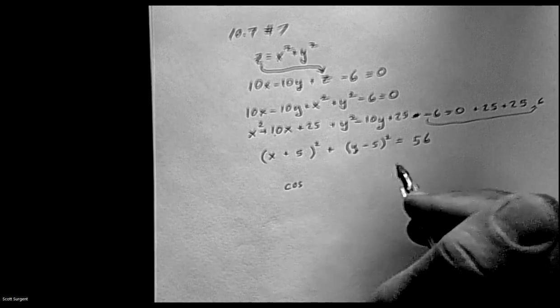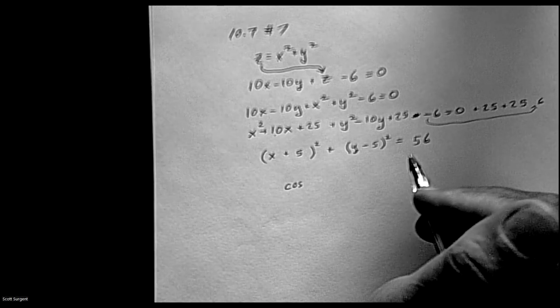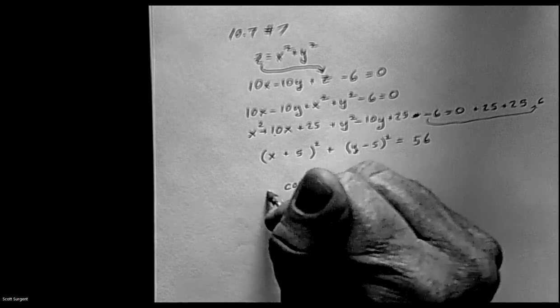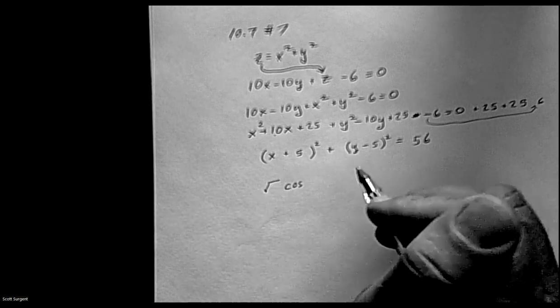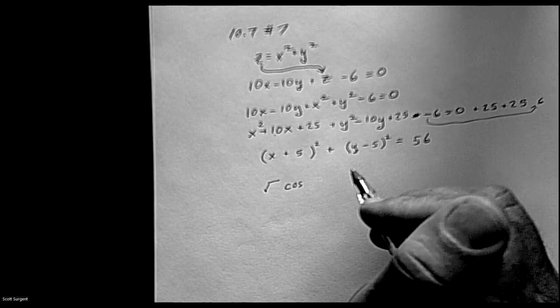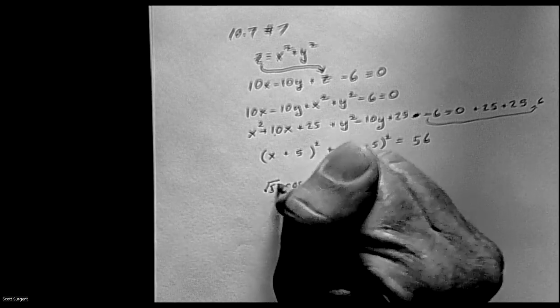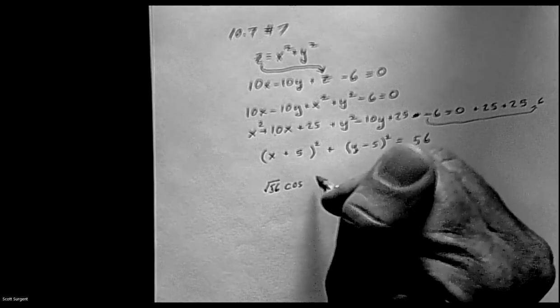So we're going to have to dress it up a little bit. I want to get a radius of root 56, so I'm going to put a root 56 out front. Let me think about that. Yeah, the radius is root 56. I can always adjust this.